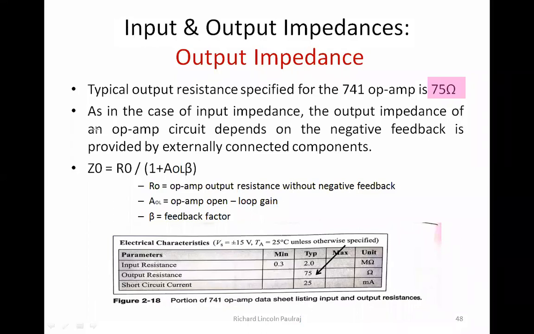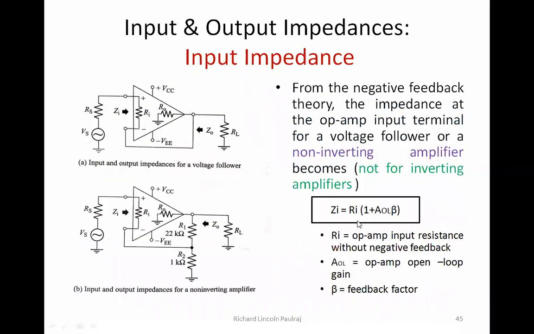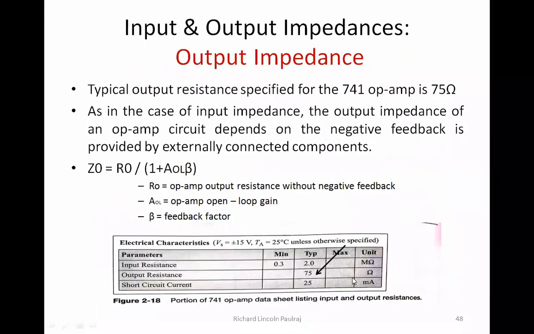So we have the formula now for the output impedance. Z0 is equal to R0 divided by 1 plus AOL into beta. For the input impedance we had Ri into the factor, and for the output it is R0 divided by 1 plus AOL into beta.